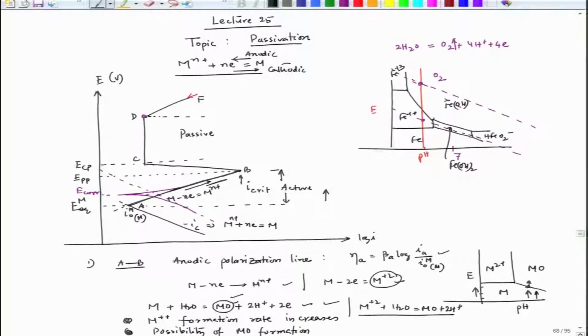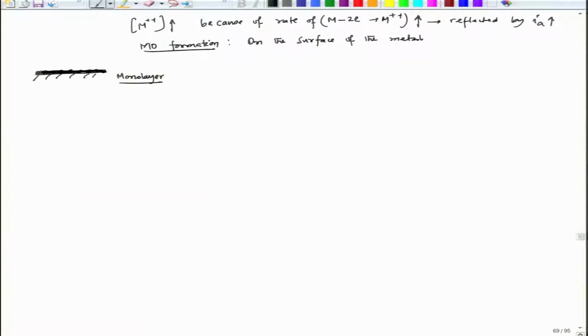Now, when it reaches this point, this point indicates the boundary we talked about in the last lecture. At that point I can have a complete coverage of the surface by a kind of monolayer or bilayer of metal oxide on the surface.